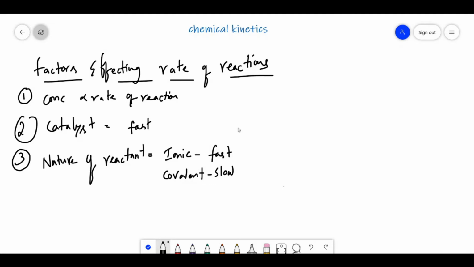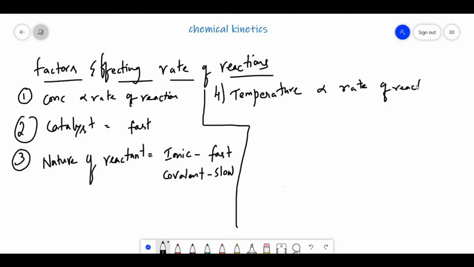That's all. And now the fourth factor is very, very important. It is temperature. The temperature is directly proportional to rate of reaction.